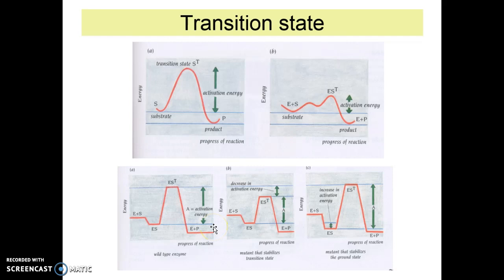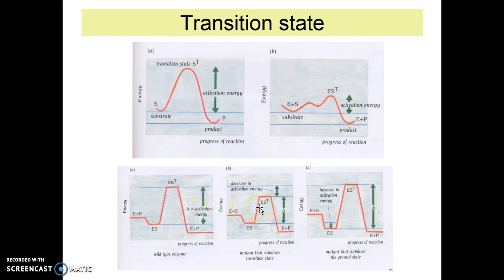The higher affinity of the enzyme for the transition state makes the transition state energetically favorable and thus decreases the activation energy. This is just the wild type enzyme; in B, the mutant, the transition state is much more stabilized, so the reaction may go faster than wild type.